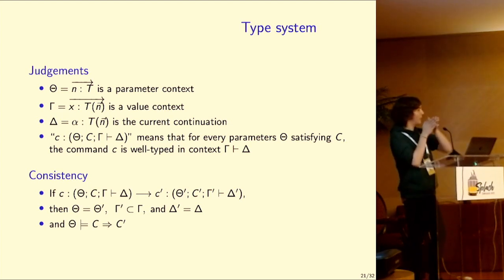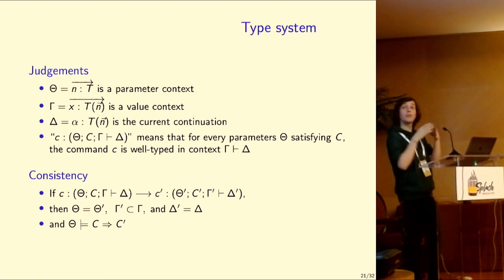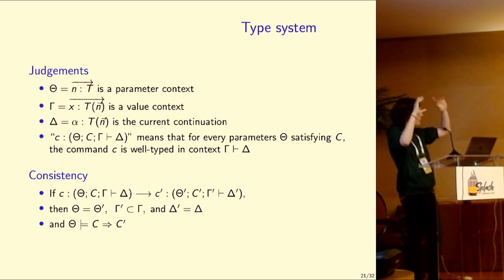Approximation becomes more precise as you run the program. At the end of the day, if you run the analysis on a completed program, you know exactly what resources are manipulated, but at the beginning you don't know at all. So you have a refined approximation.